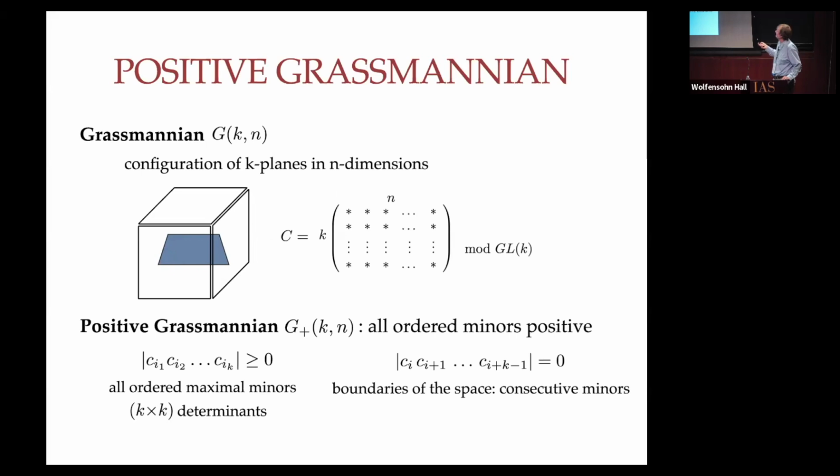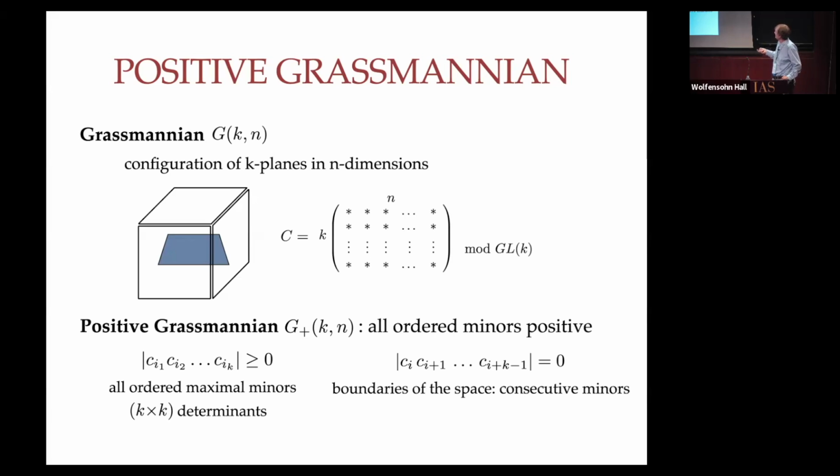So we start with the Grassmannian G(k,n) space as a configuration of k-planes in n dimensions. We associate a k by n matrix modulo GL(k), and the positive Grassmannian is a subspace of the real Grassmannian such that all ordered k by k minors, the maximal minors, are positive.